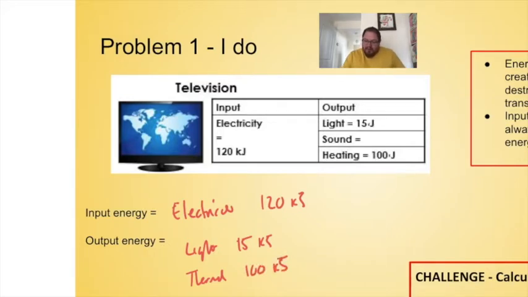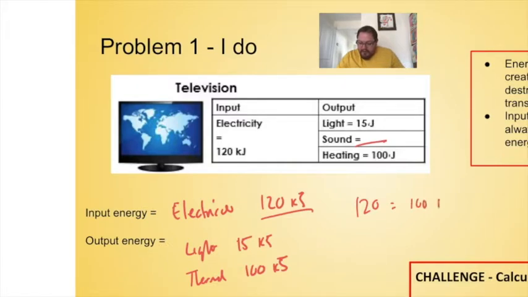And it wants to know, there's a blank space there for sound. So what is sound energy going to be? Well, we've got a total of 120 going in, and this must always equal whatever's coming out. So what have we got coming out?